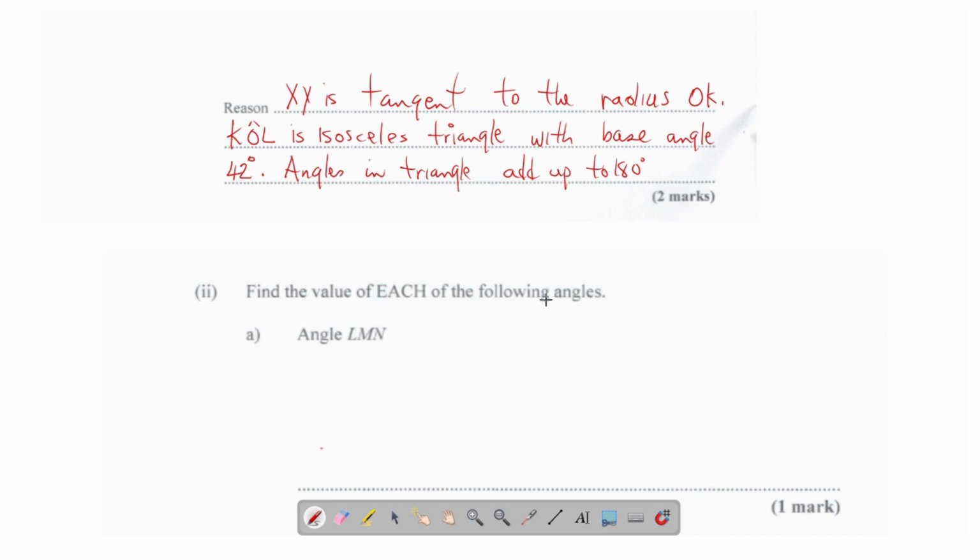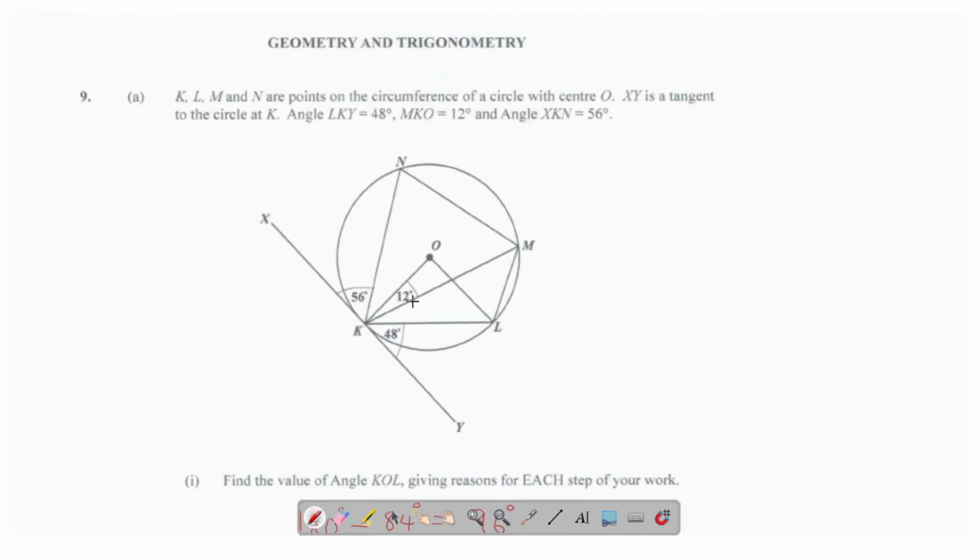Find the value of each of the following angles, angle LMN. So let's look at our diagram. We want the angle LMN. So let's annotate this. So we have LM, which is this angle. So we need to mark this in red. Okay, so we want this angle LMN.